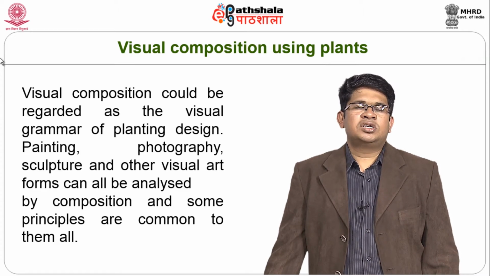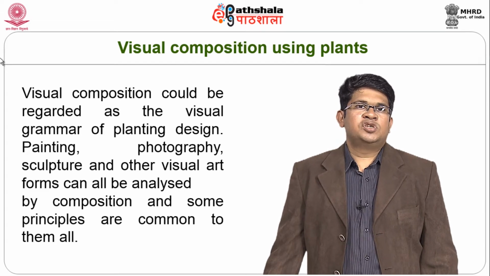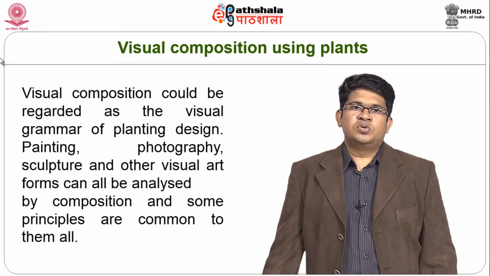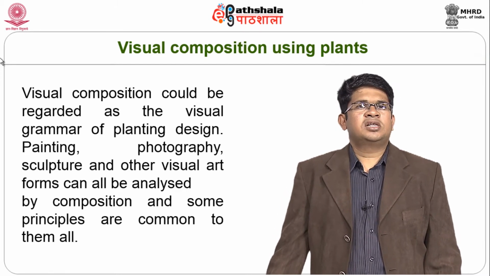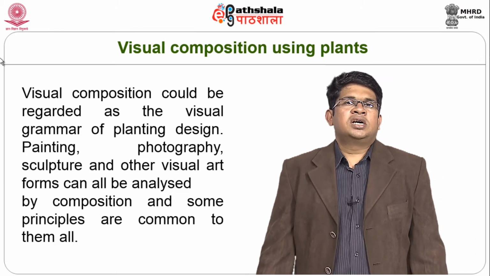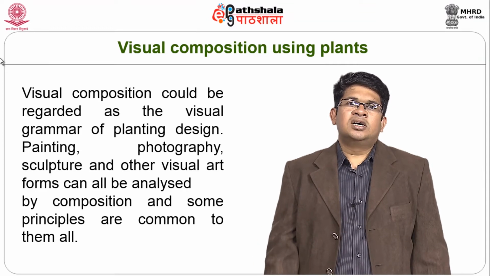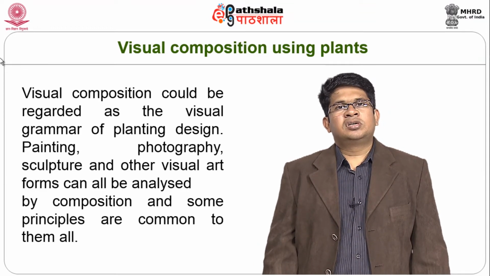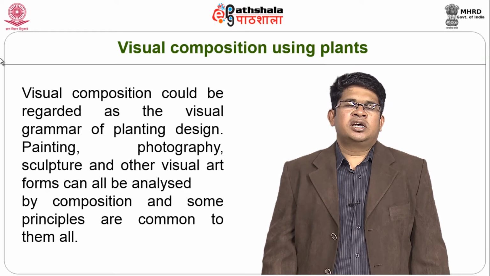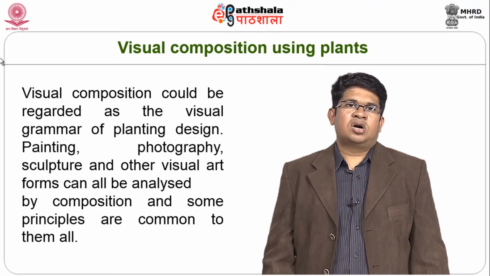So, how do we compose using these kinds of plants? The composition needs to be done in a proper way, so that the designed intent not only performs functionally, but also aesthetically, and is visually pleasing to the eyes of the user. And it is not something that is exclusive to planting design, but these principles can also be applied in different fields of design like painting, photography, sculpture, any kind of visual art, in which all these forms can be analyzed by composition, and some principles are common to them all.